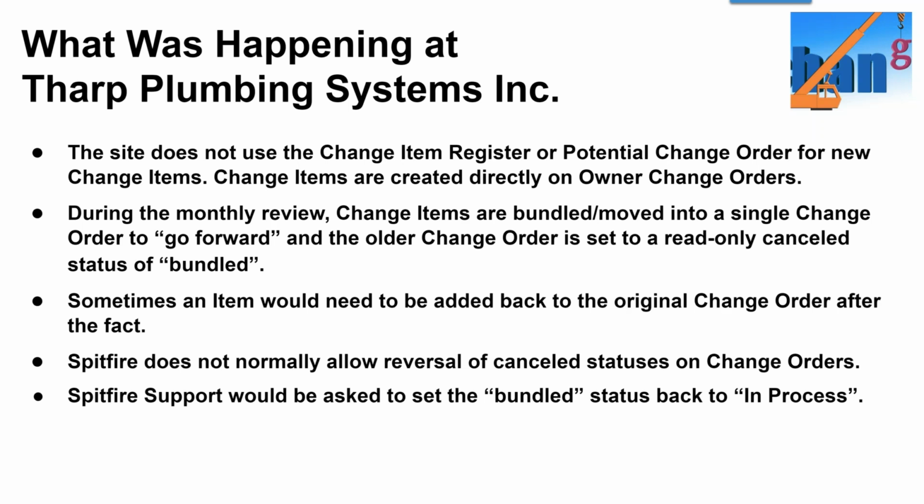That's part of life. And once they had resolved one of those owner change orders into a bundled state, Spitfire wouldn't let them back that out. Typically change orders are a posting document, so reversing some things is limited for end users. So they would need us to intervene to change the status back.